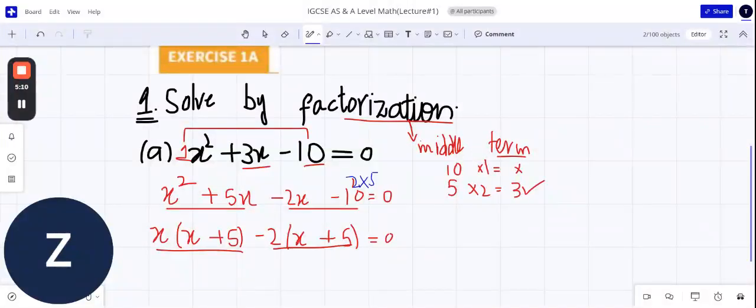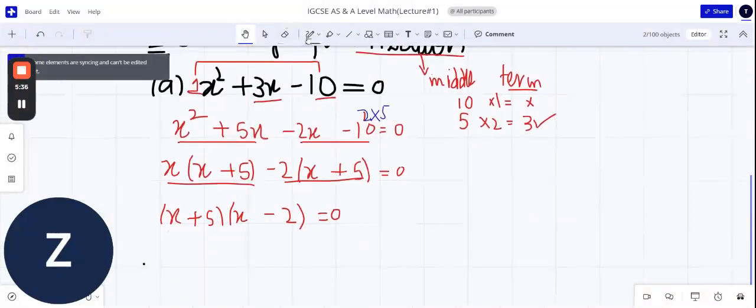We have the same x plus 5, x plus 5. It means the whole bracket is common. So we take x plus 5 outside, then put the bracket again. What is left in the first term? Only x. What is left in the second term? Only minus 2, equal to 0.